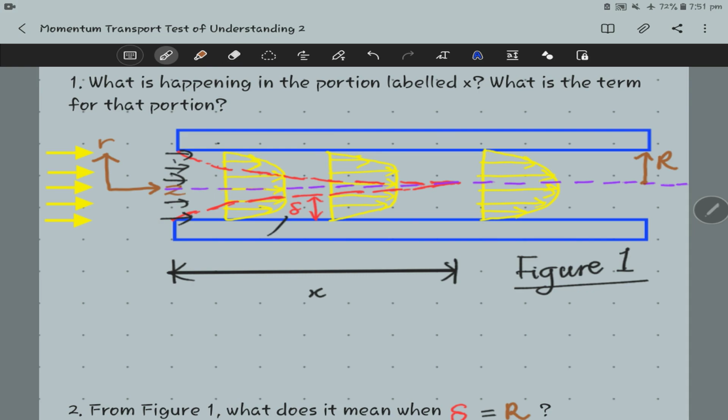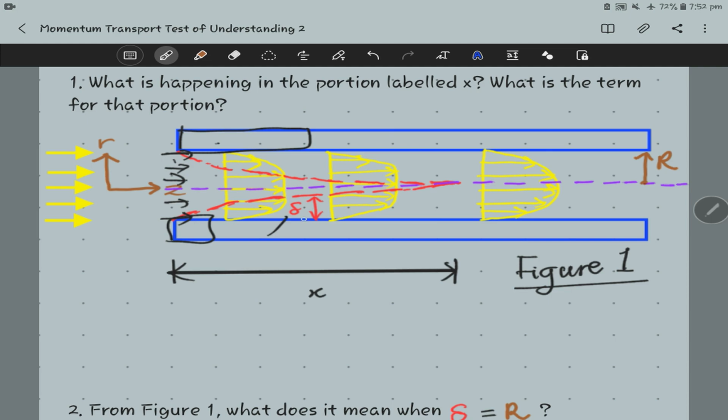And because of that, this layer of the fluid at the wall of the cylinder is stationary. As a result of the no-slip effect, which is related to friction, the fluid will want to move the way the cylinder wall is moving.